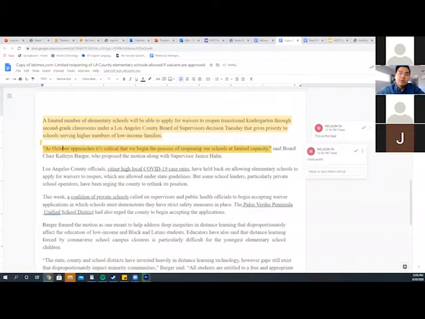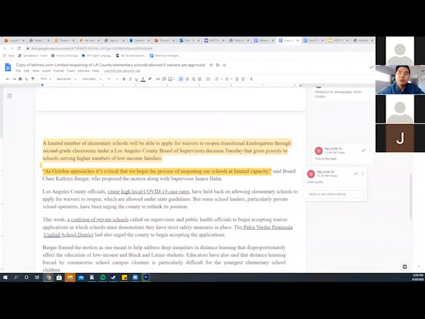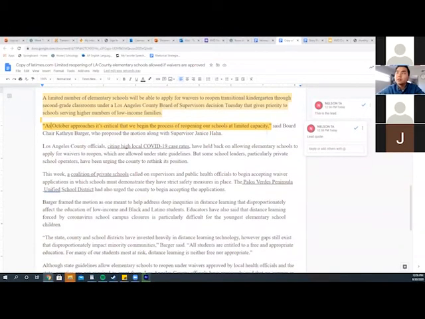If you notice, when you put quotes, you have the quote first, and then you show who said it. So we have, as October approaches, it is critical that we begin the process of reopening our schools at limited capacity, said Board Chair Catherine Barger.